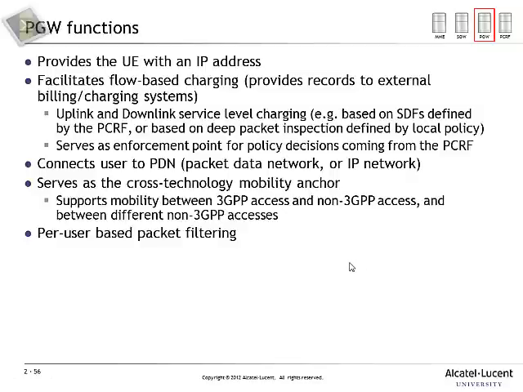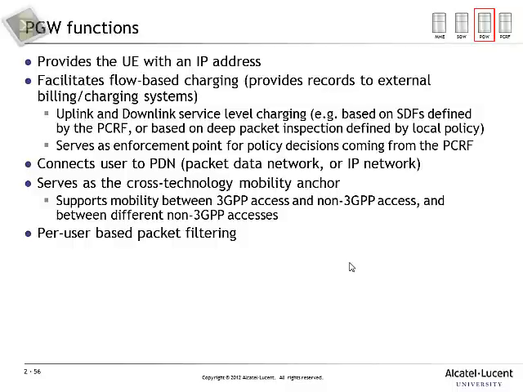So providing the UE with an IP address, and flow-based charging. Remember, if all the packets have to go through the PGW before they get to an external network, then the PGW is also a good place to charge users, on a flow-by-flow basis.